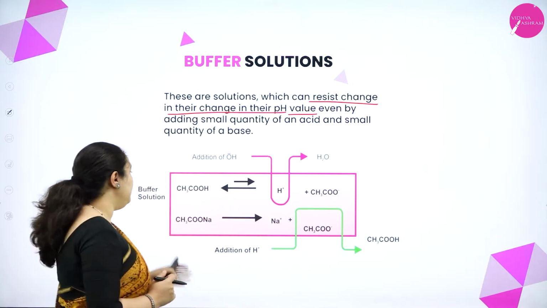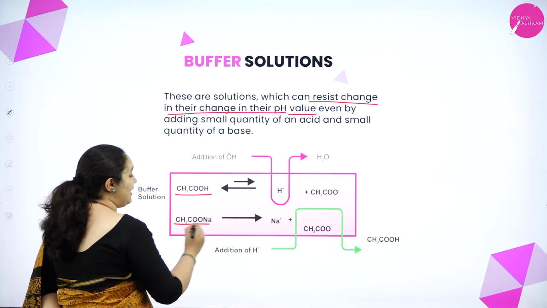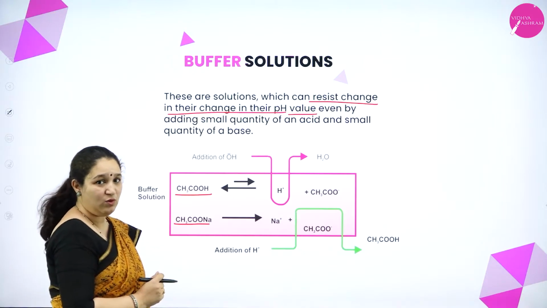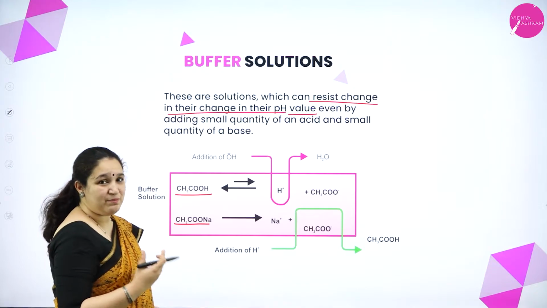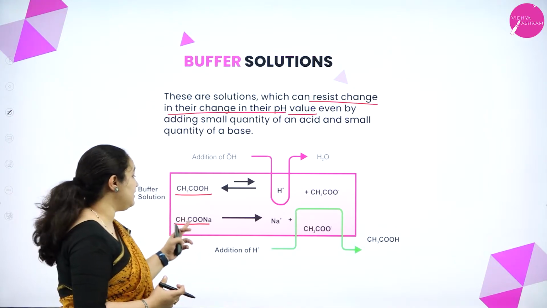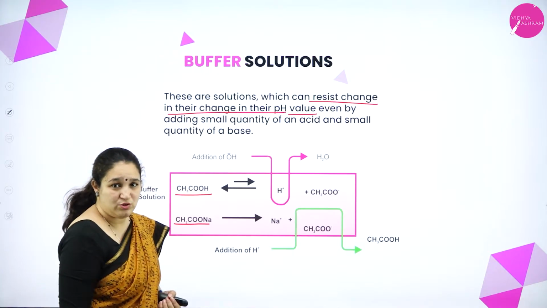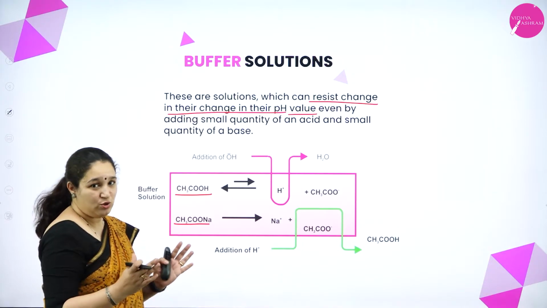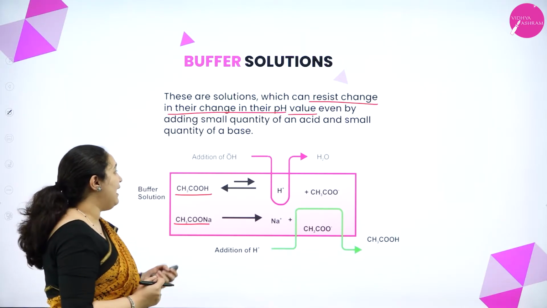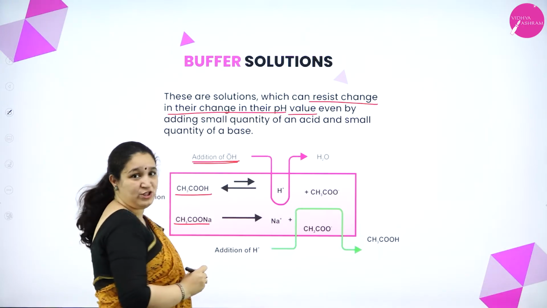For example, if you have a buffer solution made up of acetic acid and sodium acetate, it's made up of a weak acid and salt of a strong base. So in this buffer solution you have 200 ml, and now you add a small amount of a base which contains OH minus.